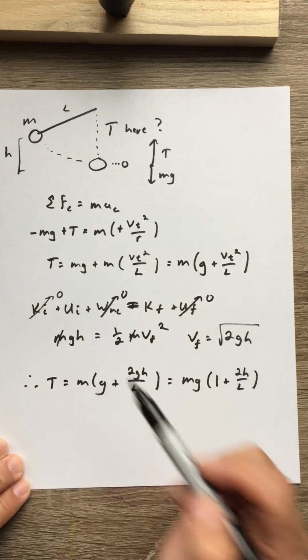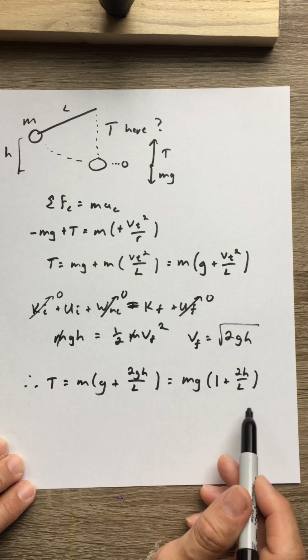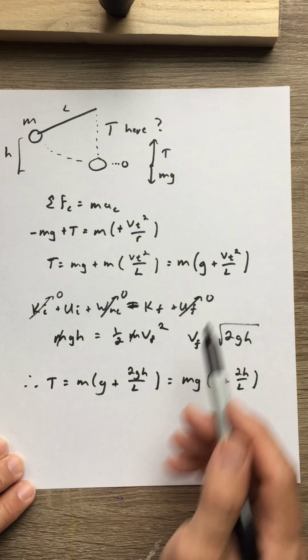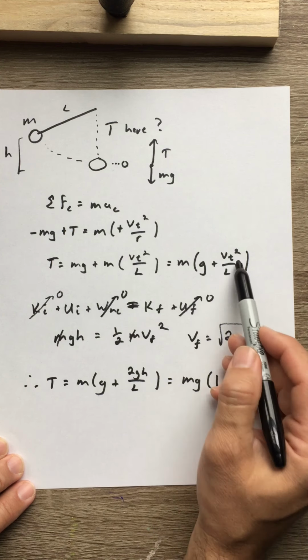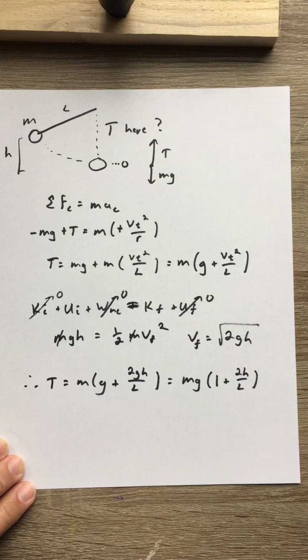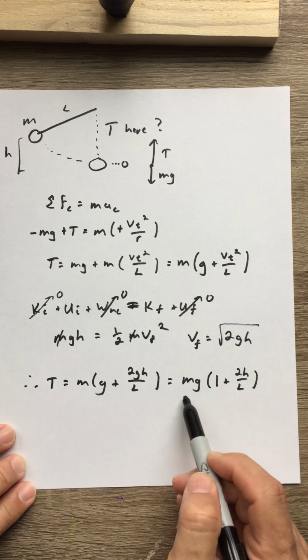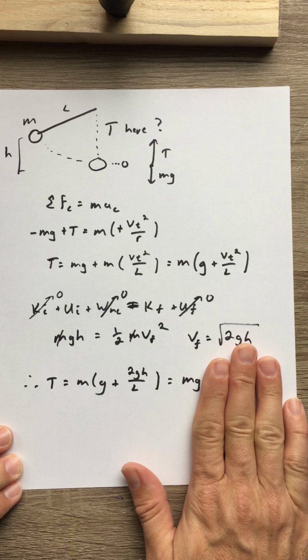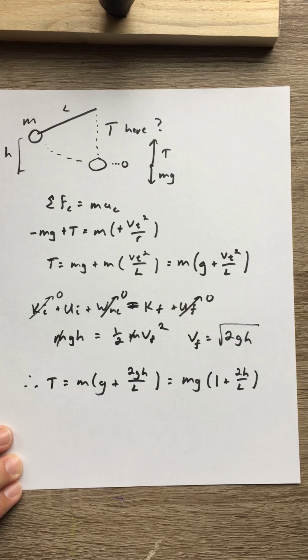It has to be bigger. 1 is positive, h and L are both positive, so this number is going to be bigger than 1. So the tension increases because we know that the tension is a function of that tangential velocity. So if it has a velocity, it's going to have a greater tension than if it's sitting still. If it's not moving, we expect mg, but if it is moving, we expect something more than that. And this lines up very nicely with that.